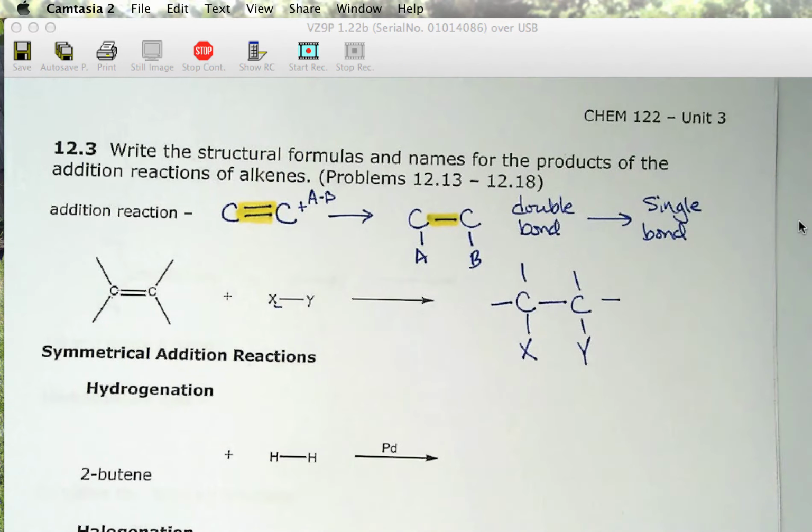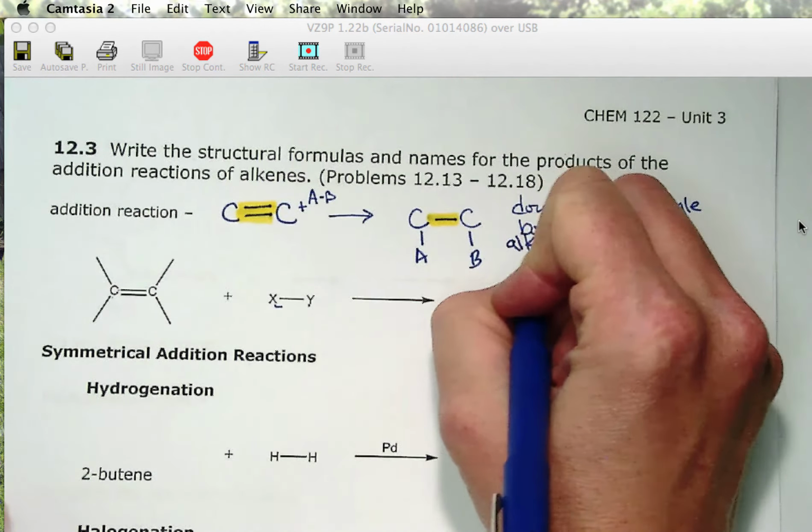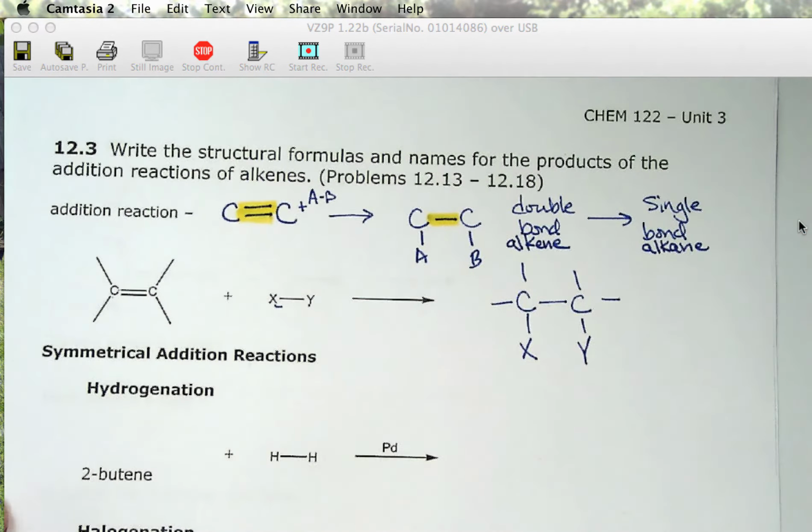Your alkene becomes an alkane. I'm trying to keep it as general as possible so you don't get caught up in whether they're hydrogens or not. So your ene goes to an ane.